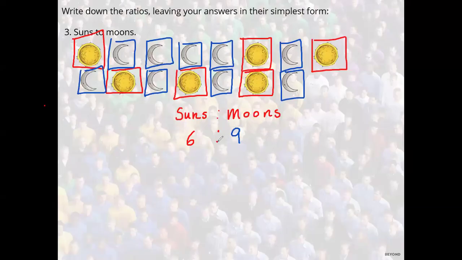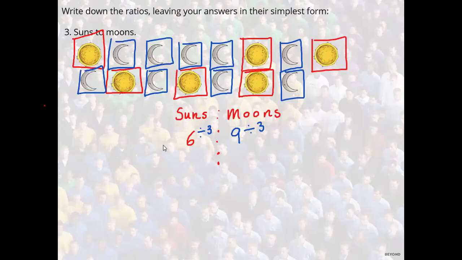So how can we simplify this? What number could we use? We could use 3 for sure. So we divide by 3 here, and we divide by 3 here. 6 divided by 3 gives us what? 2.